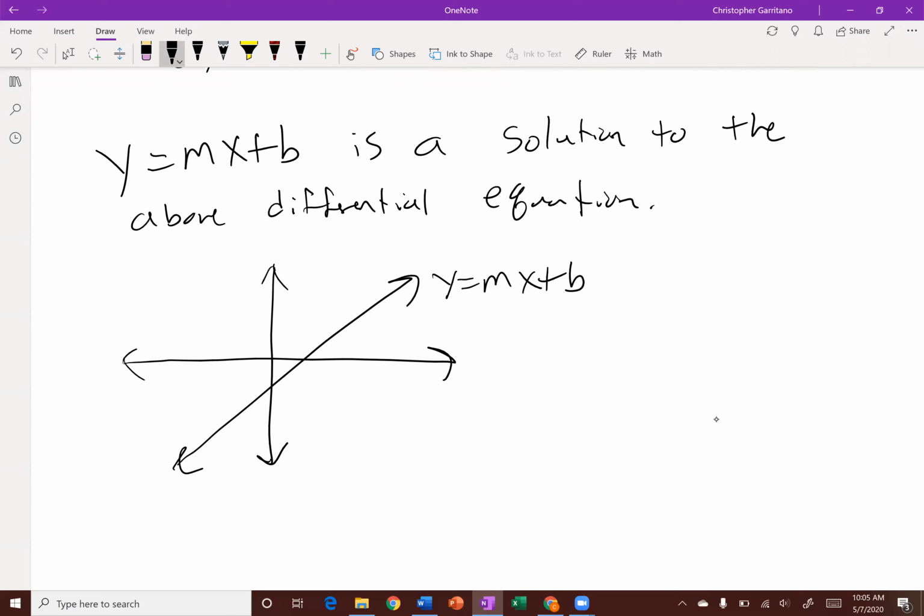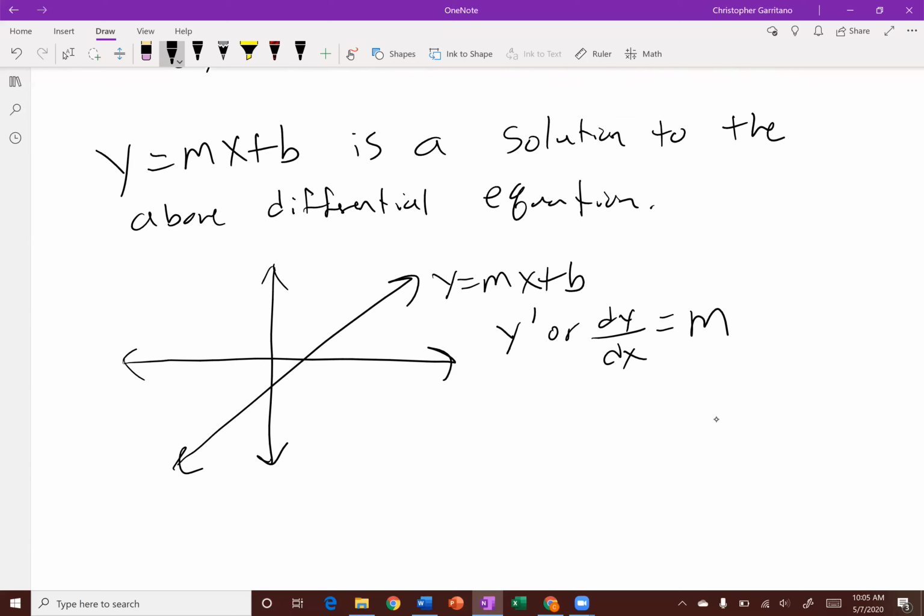Well, if that's our solution curve, then it's obvious that y prime, or in other words dy/dx, is equal to m, right? The slope at any point along this solution curve is going to be m.